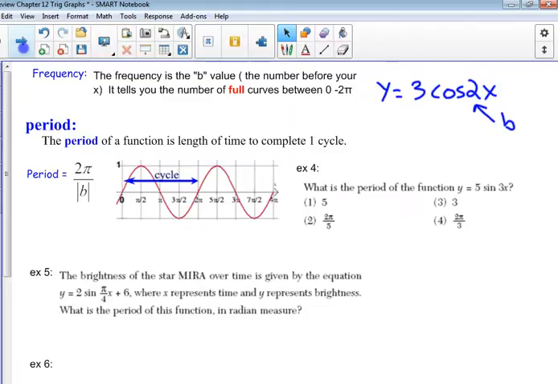Frequency is going to be the number of full curves you see between 0 and 2 pi. They always try to trick you with intervals, so make sure we imagine what it would look like if we went all the way to 2 pi. Sometimes they only go to pi, sometimes they'll go longer, so we always want to look at 0 to 2 pi.